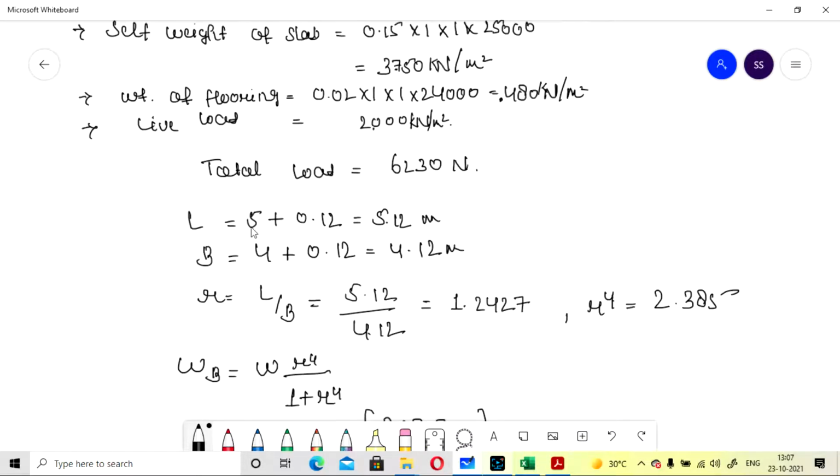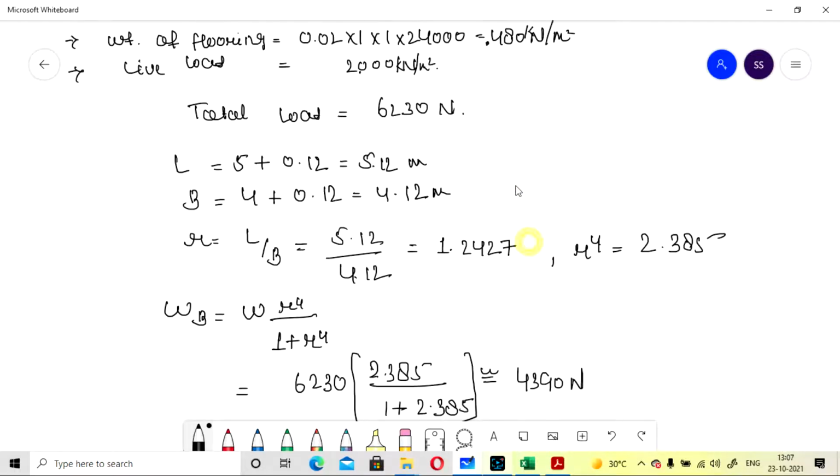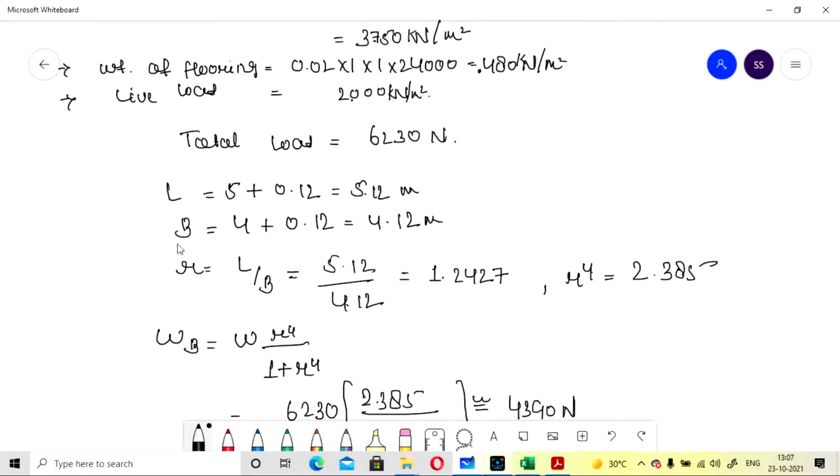So here we have assumed our effective depth as 120 mm initially, so our L effective for the longer side will become 5 plus 0.12 is equal to 5.12 meter, and for the B or X direction, that is L effective will become 4.4 plus 0.12 is equal to 4.52. So this is for the shorter span and this is for the longer span.